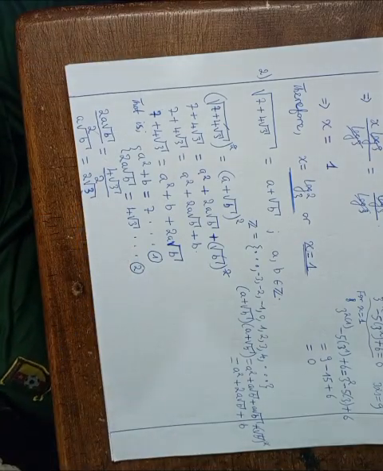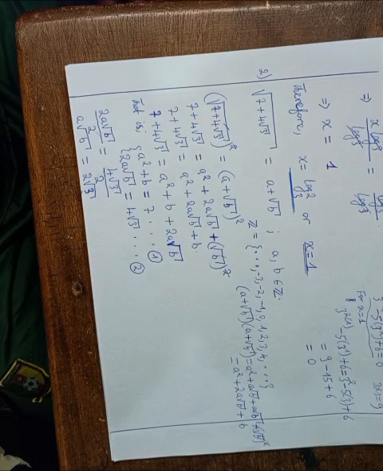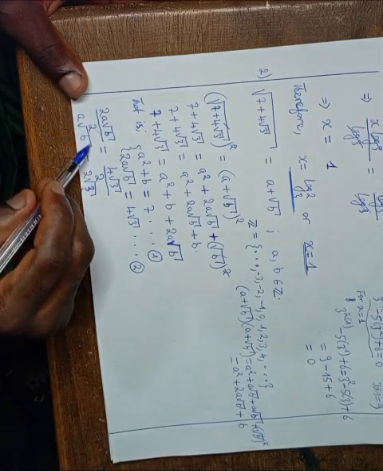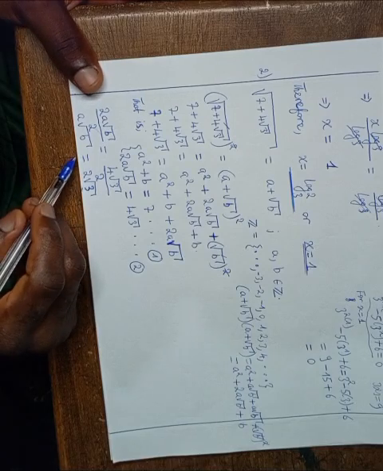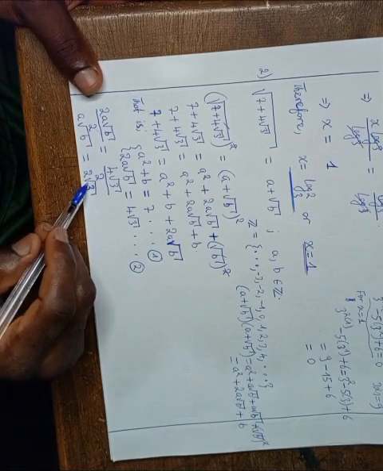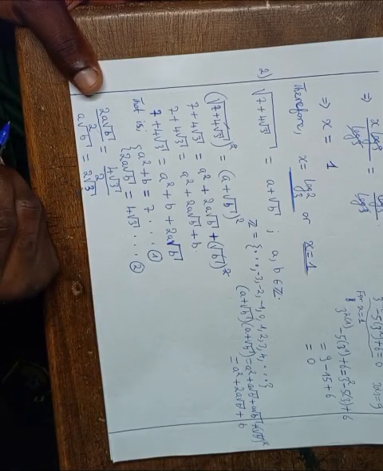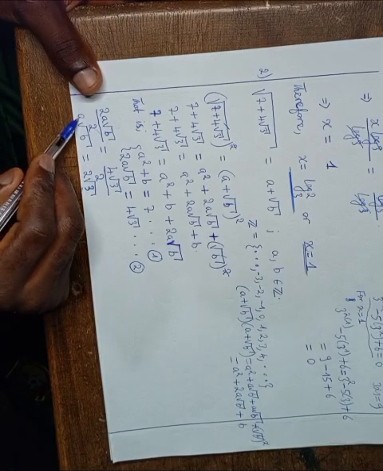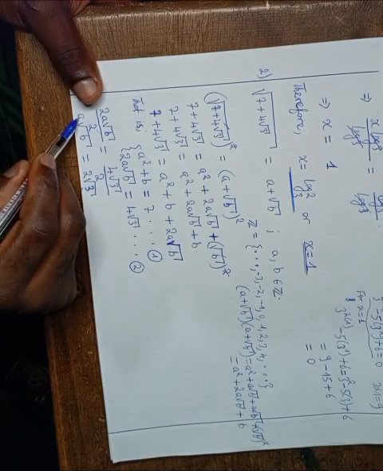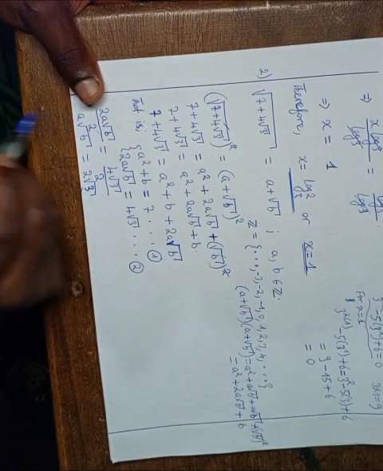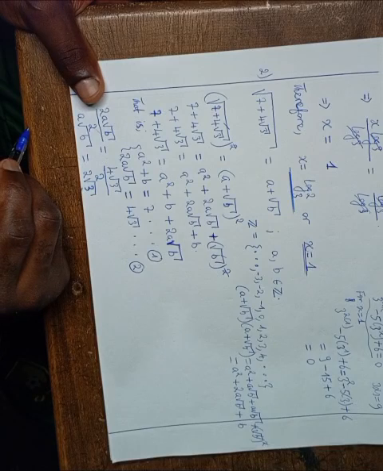Next, we are going to equate the coefficients. Here, we have a root b, the left hand side. The right hand side, we have 2 root 3. A is out of the square root sign.